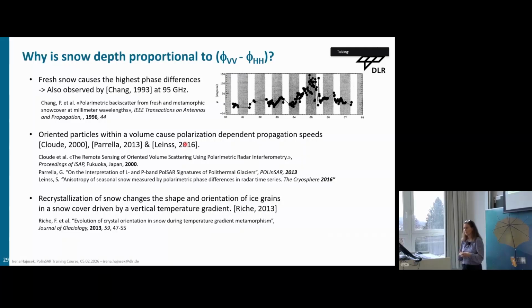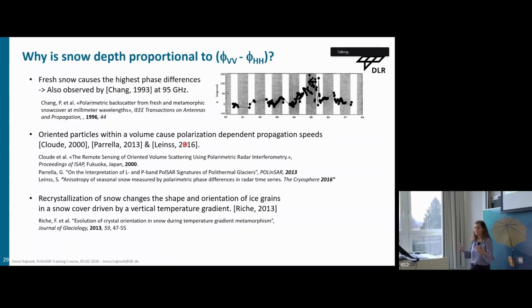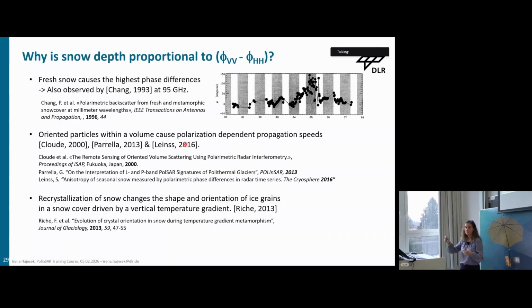So this has been provided here, a little bit to play also around with the crystal structure, because you can imagine, like in forest, we were sometimes assuming a random volume of a forest, right, but you could also have oriented volumes. And therefore here they have played around a little bit with oriented particles, not random particles in a snow layer, but kind of oriented. And this is something that I will show you later on too.